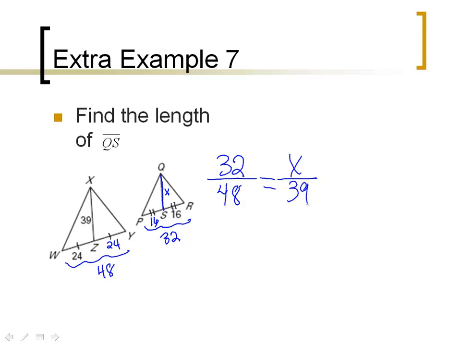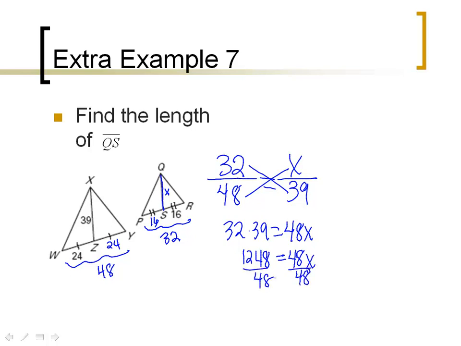So I use my corresponding parts to write a proportion here. Okay? So again, we can cross multiply. 32 times 39 equals 48 times x. So 32 times 39 is 1,248 equals 48x. Divide both sides by 48. And x equals 26.